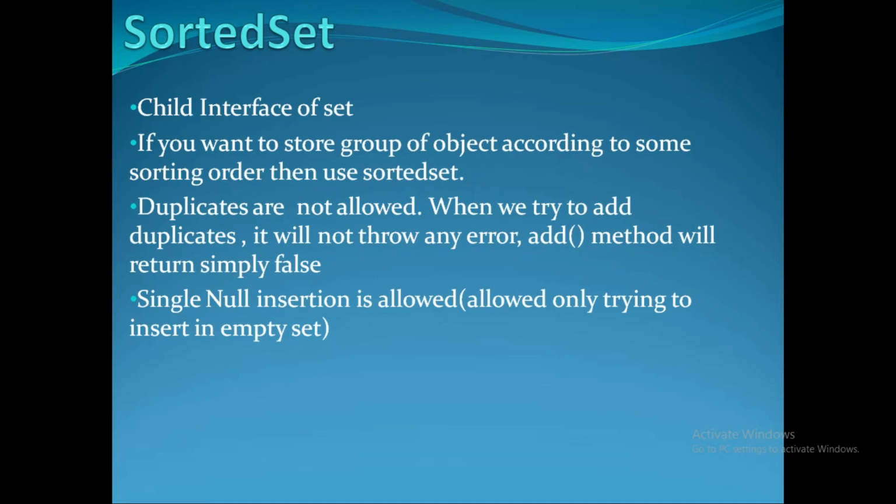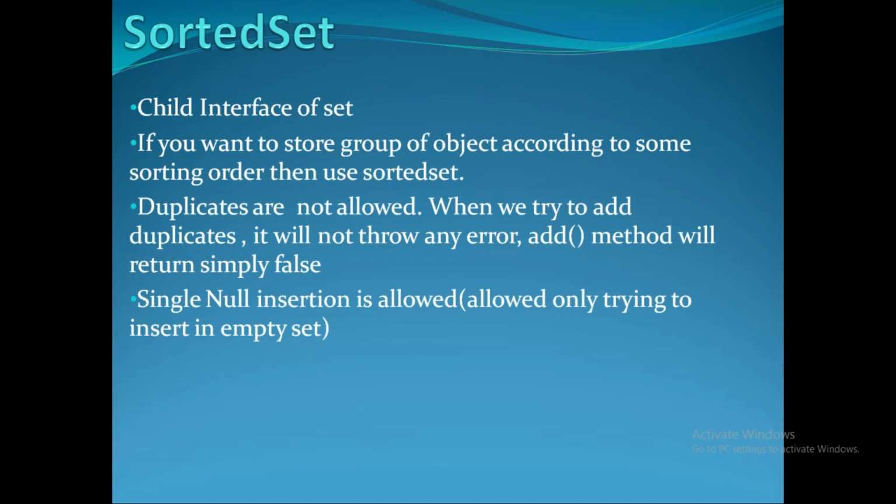When we try to add null, since the set is sorted according to natural sorting order, it will compare the null with the existing elements. Whenever there is a comparison and it finds the null, it immediately throws the null pointer exception. That's why null is only allowed in an empty set.